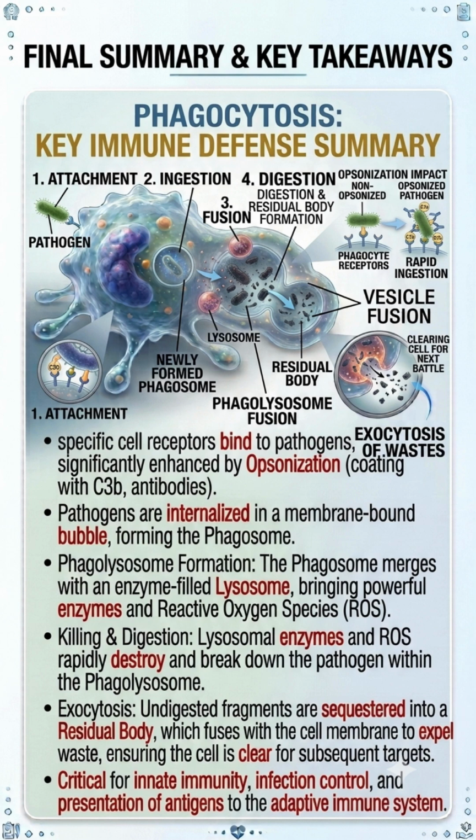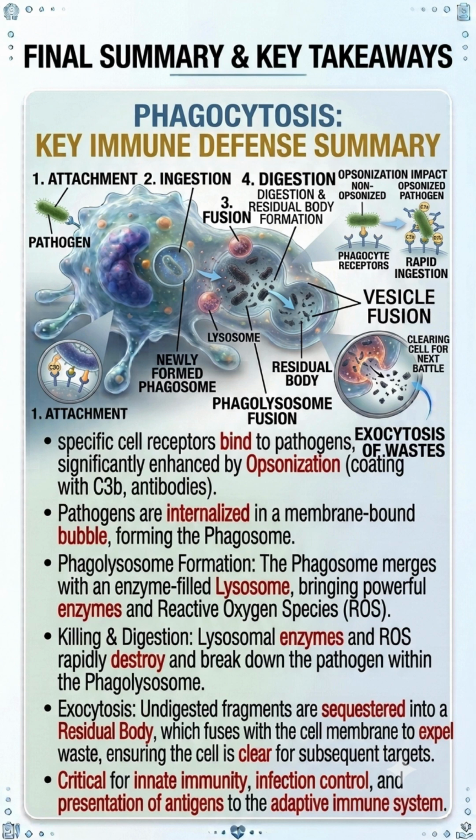Phagocytosis is a key immune defense. Specific cell receptors bind to pathogens, significantly enhanced by opsonization, which is coating with C3b and antibodies. Pathogens are internalized in a membrane-bound bubble, forming the phagosome. Phagolysosome formation. The phagosome merges with an enzyme-filled lysosome, bringing powerful enzymes and reactive oxygen species, or ROS.